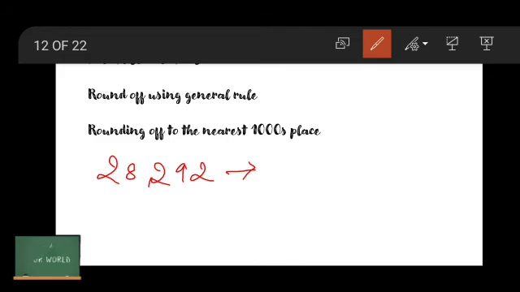To round off to the nearest thousands place, we have to check the next smallest place, that is the hundreds place value, whether it is greater or less than 5. The given number is less than 5. No change will be made in the thousands place value. We will be replacing zeros to the hundreds, tens and ones place.